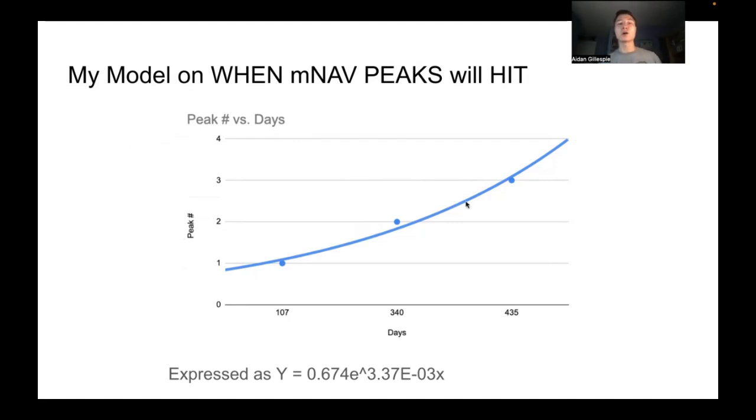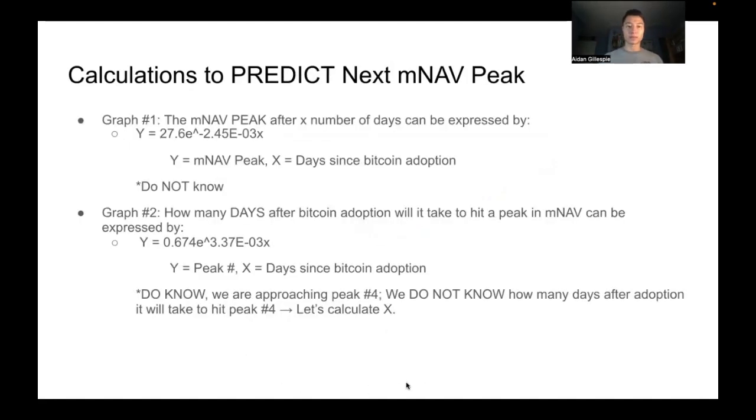And the equation for this graph can be expressed as this following equation right down here. So now I'll go into my calculations to predict the MNAV peak. Based on the first model, this is the equation we'll be using to determine the MNAV peak after X number of days.